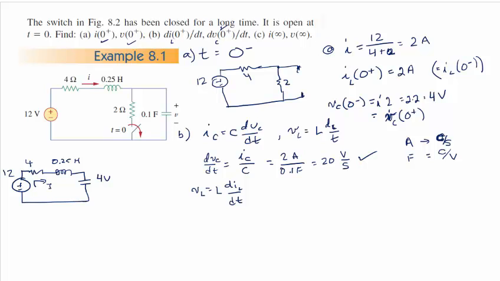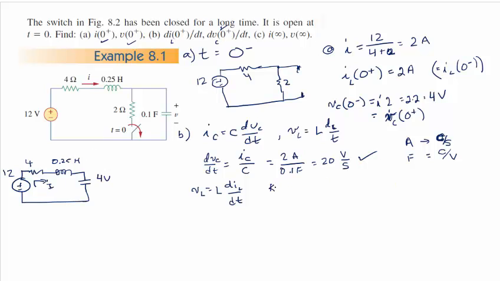We know we have 4 volts and we have 12 volts, and once we apply KVL here, the only voltage remaining is the voltage in the inductor.